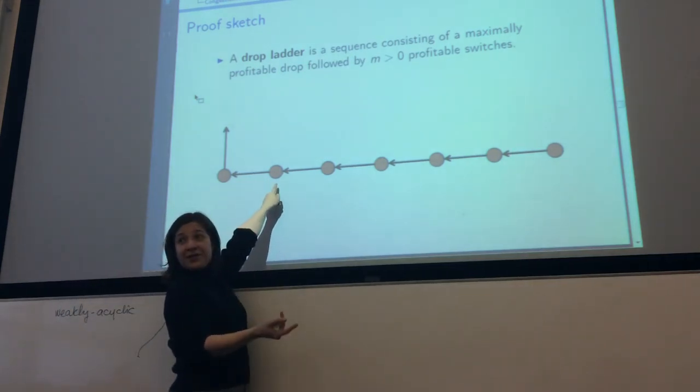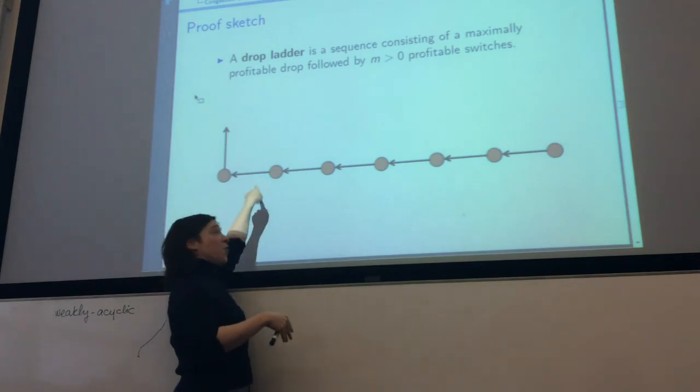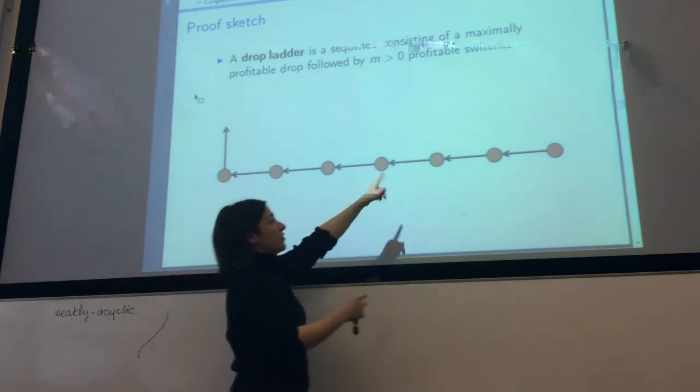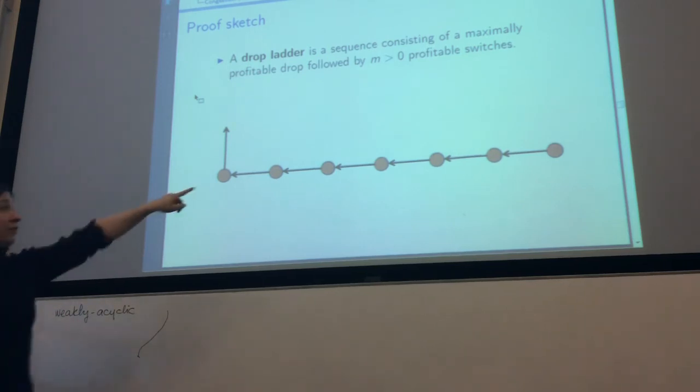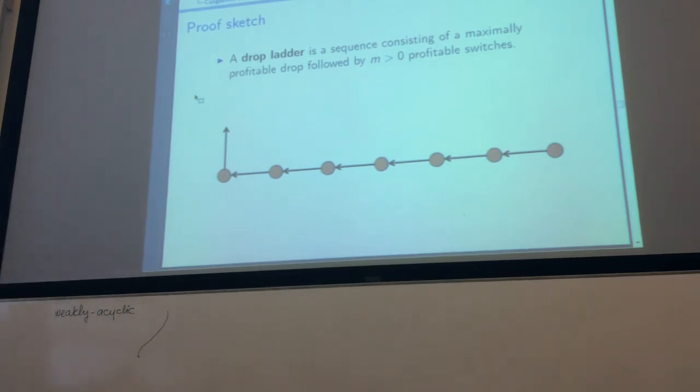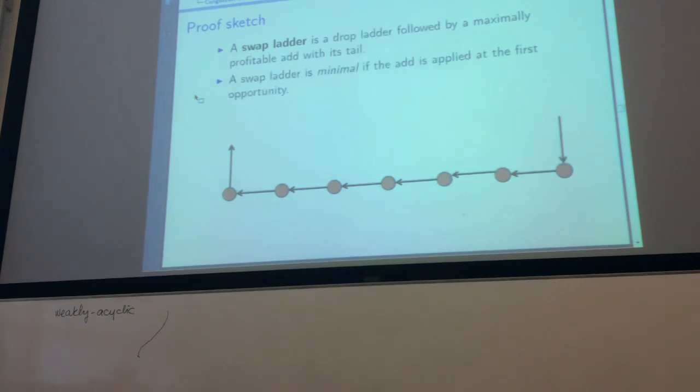Congestion on another resource drops by 1, someone else switches there, and so there is a sequence of some m profitable switches. As a result, the congestion on only one of the resources is dropped by 1, the last one in the sequence. And a swap ladder is a drop ladder that is followed by an add on that last resource. So such a sequence of moves actually preserves the congestion on the resources.